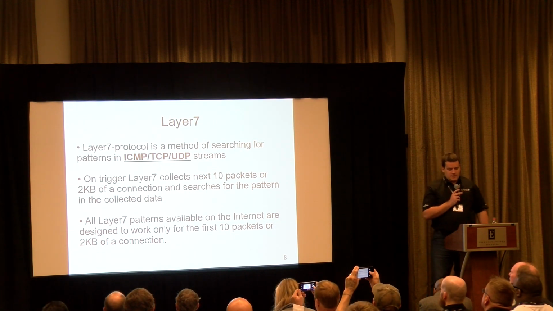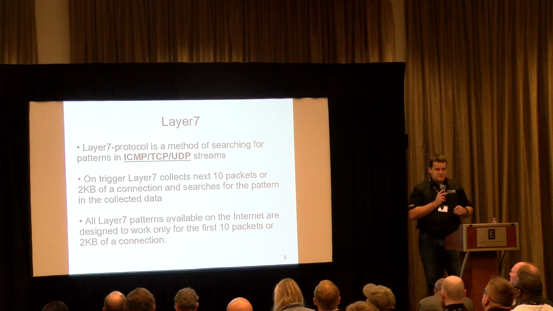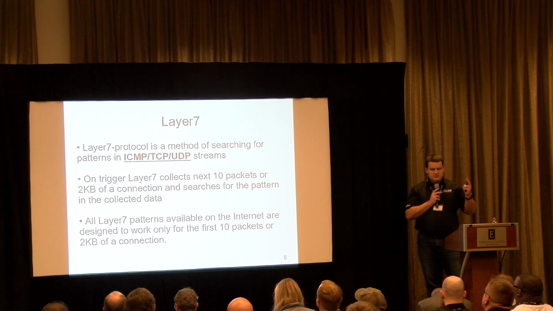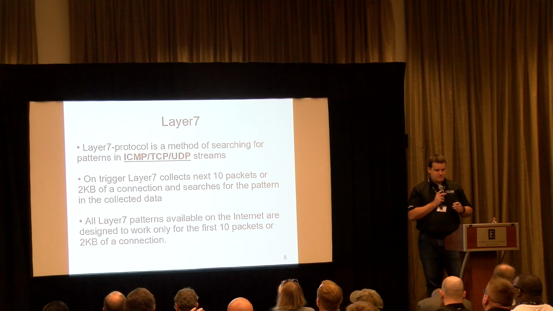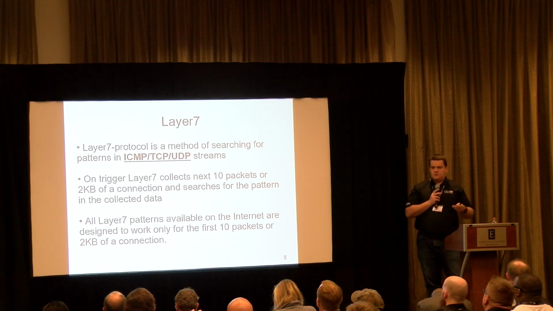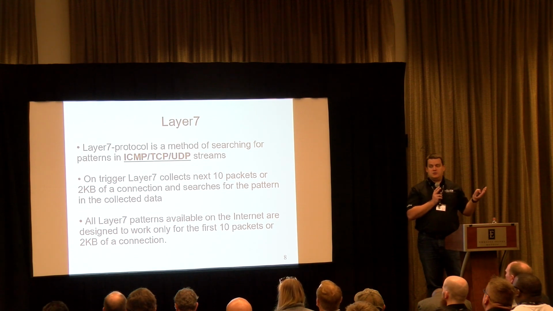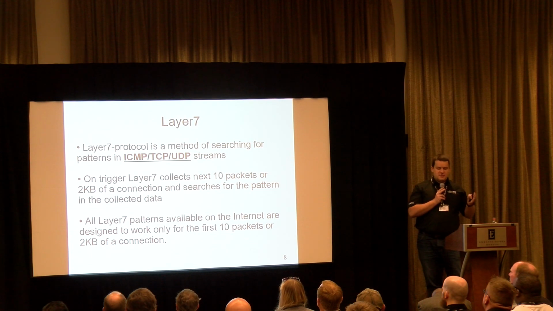So it's a method of searching for specific patterns in ICMP, TCP, and UDP streams. So on trigger, so when your rule captures a packet, the next 10 packets or 2 kilobytes of this connection will be captured, saved, and searched for that pattern.